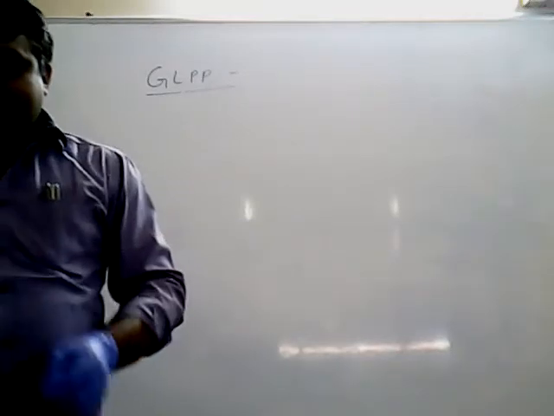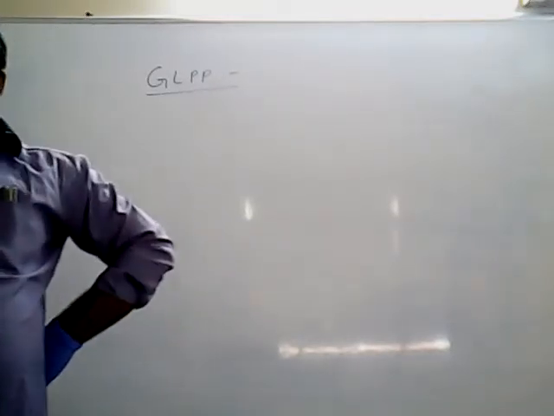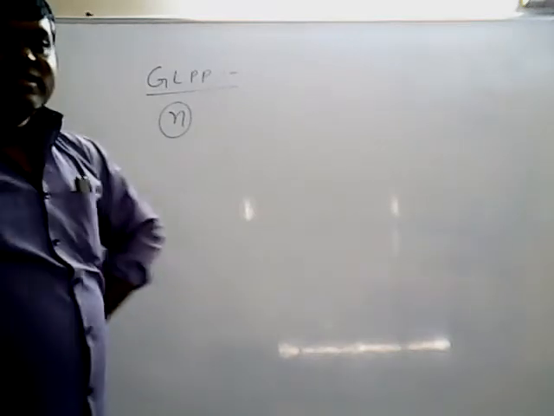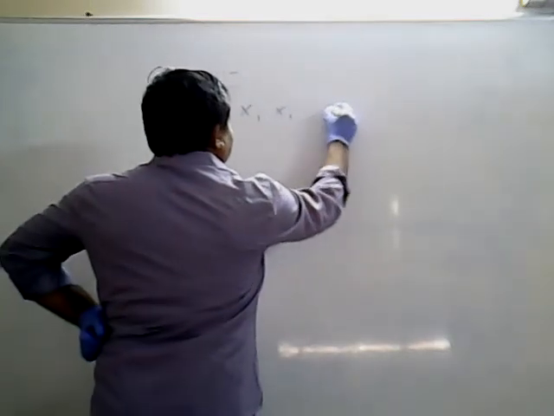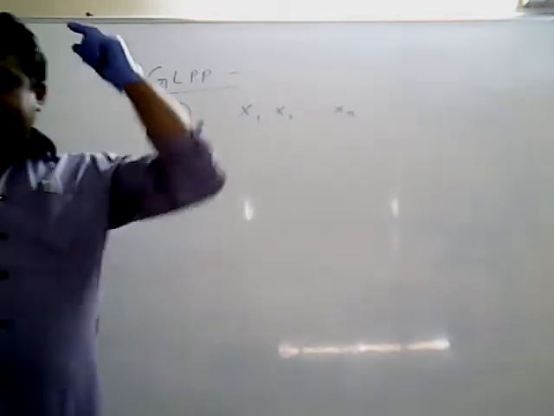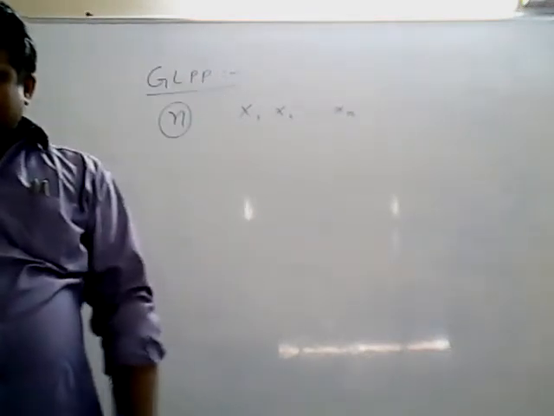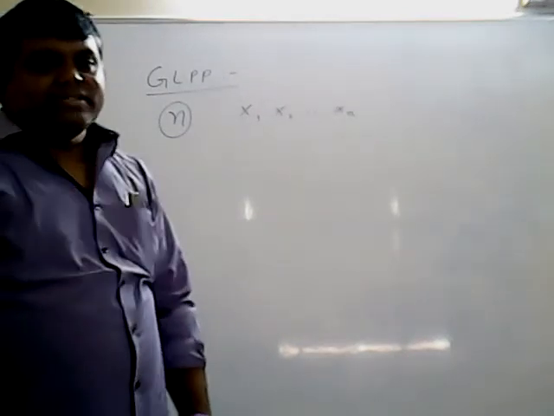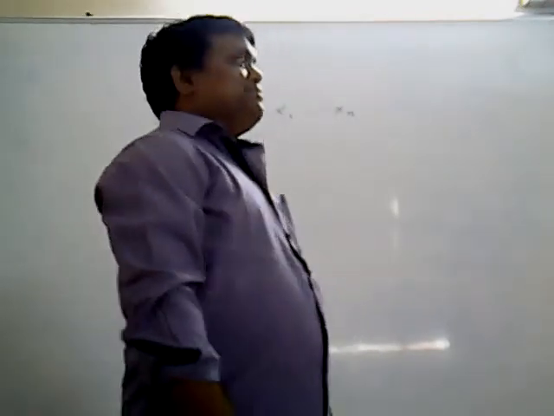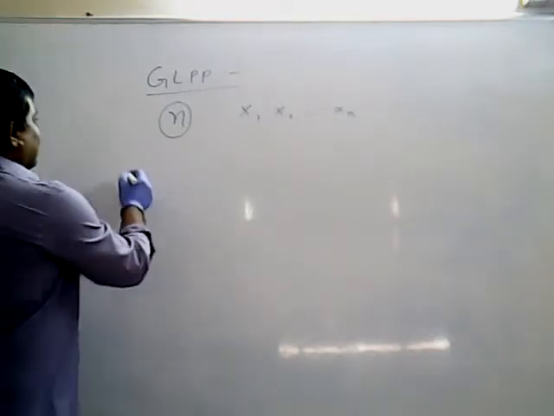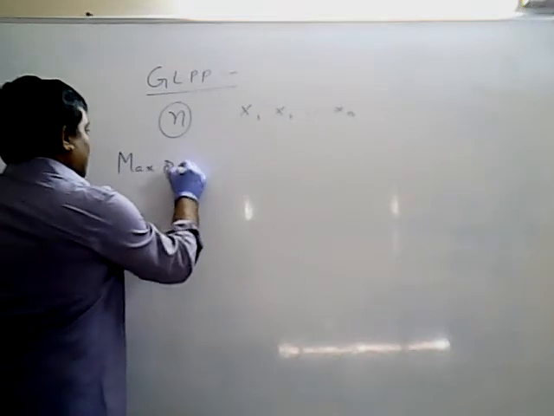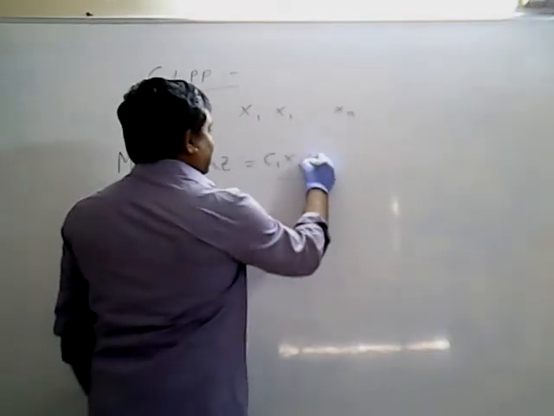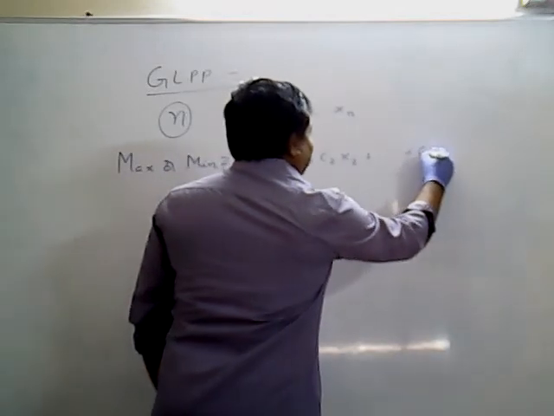The general linear programming problem is to find n decision variables x1, x2, so on xn, to optimize the objective function, which is given by, write in the next line, maximum or minimum z equal to C1 x1 plus C2 x2 plus so on Cn xn.